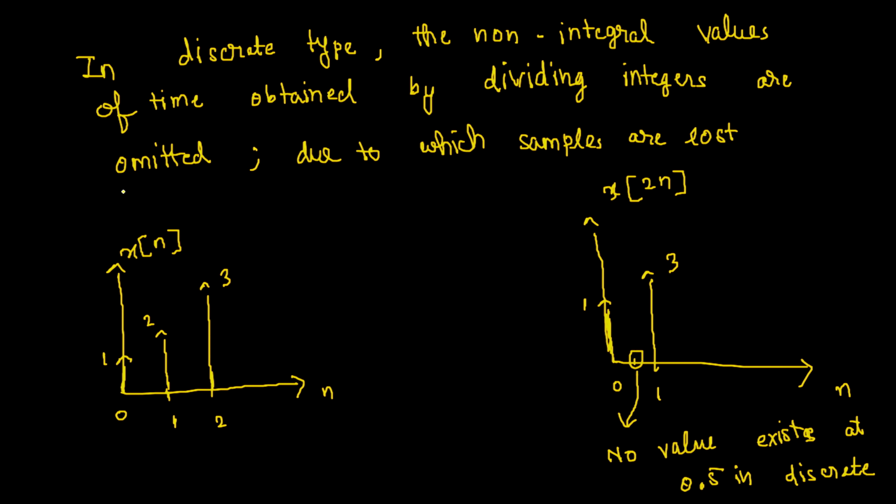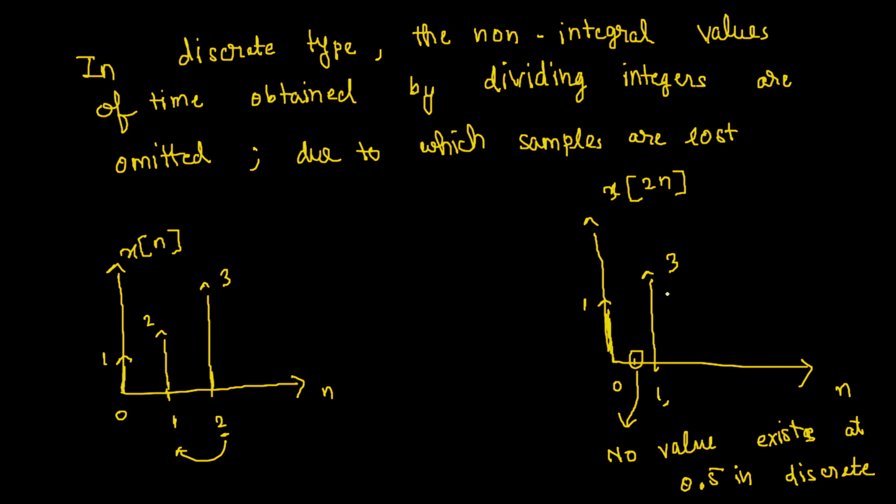One thing about time scaling is that when we have a discrete time signal, which is only defined at integral values, some of the samples are lost. Let's say I have this graph x of n, and I'm time scaling it by a factor of 2. Whatever was at 2 comes to 1.